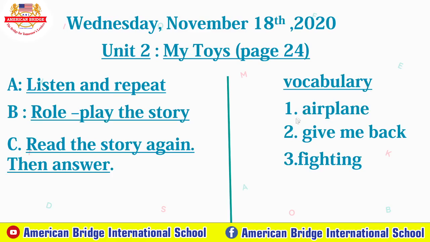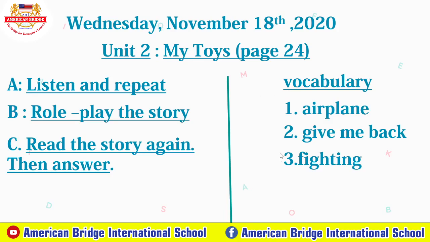The teacher has 3 vocabulary words here. The first one is airplane. Airplane. The second one is give me back. Give me back. Number 3 is fighting. Fighting. So teacher wants you to write these down into your notebook right now. And now let's move to the next one.